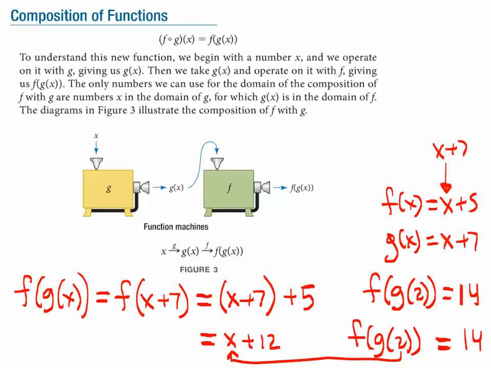Especially in humongous stores like Walmart, what they'll do is they'll send a function that does all those processes as just one function, because you can just calculate faster, that's all. So it'll take the 10% off, take the 20% off for the sale, and take the $20 off all at once. So it's just a little faster process for the calculator.